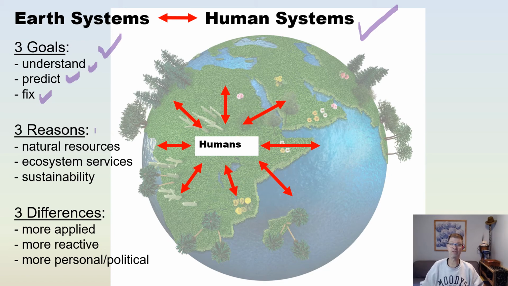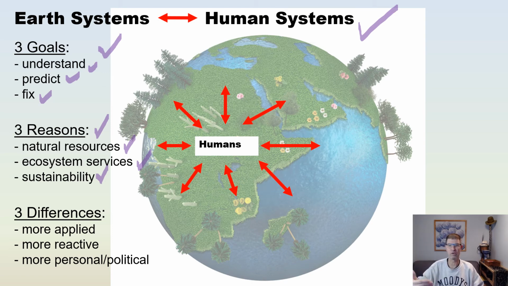There are 3 reasons for wanting to do it: because we need natural resources and we need to keep them flowing, because we need the ecosystems around us to continue to purify our air and our water. Those are called ecosystem services. And because we don't want to use everything up too fast, we want the environment to be able to create resources for us on a regular basis, which means we need to use them sustainably.